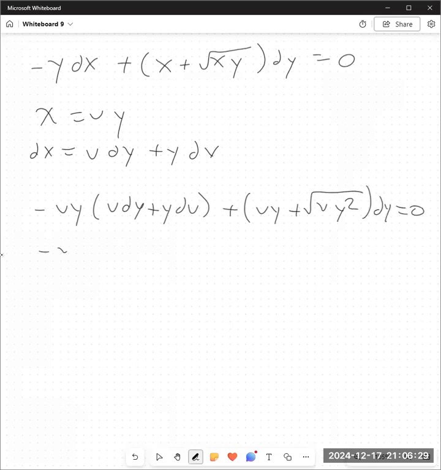I have a negative v squared y dy minus vy squared dv plus vy dy plus y square root of v dy, and that equals 0.